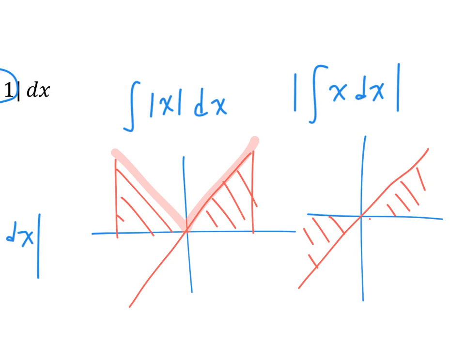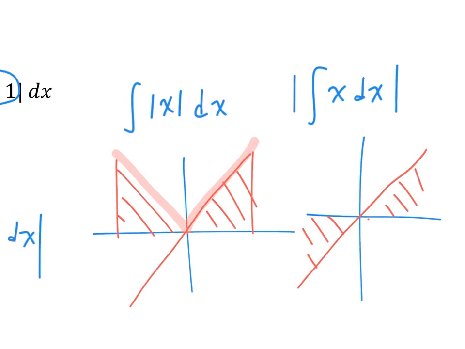One of them, you take all the area and make them all positive and add it together. The other one, if it's negative, it becomes positive; if it's positive, it still stays positive. But the problem is the two areas may subtract from each other and you may get less area. Okay? They're not the same. Please be careful.